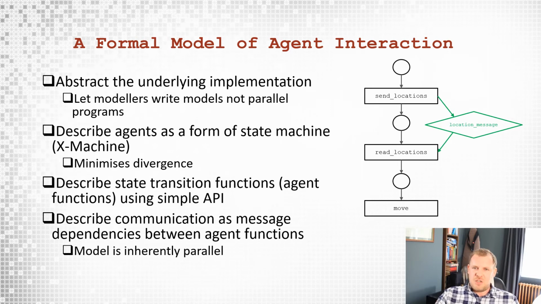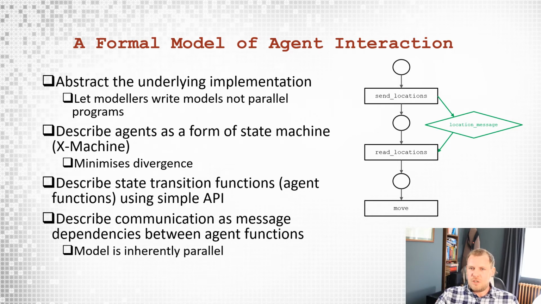Each agent can effectively send its location and potentially its velocity in the first function. By the time we get to the second function, read locations, we are guaranteed that agents transitioning into a new state go through some form of global synchronization, which means that we can guarantee that all of those location messages exist.